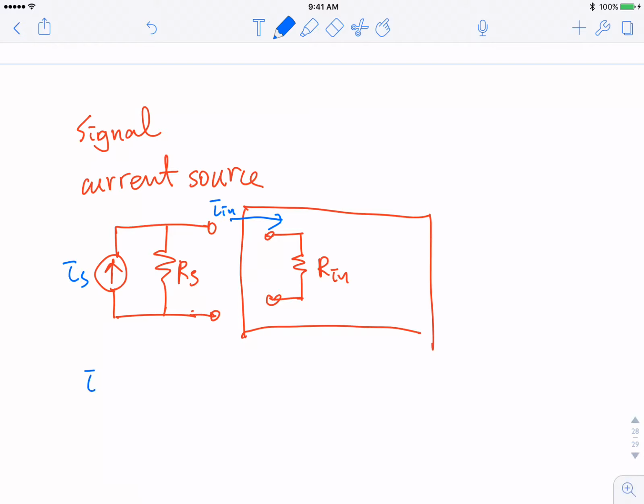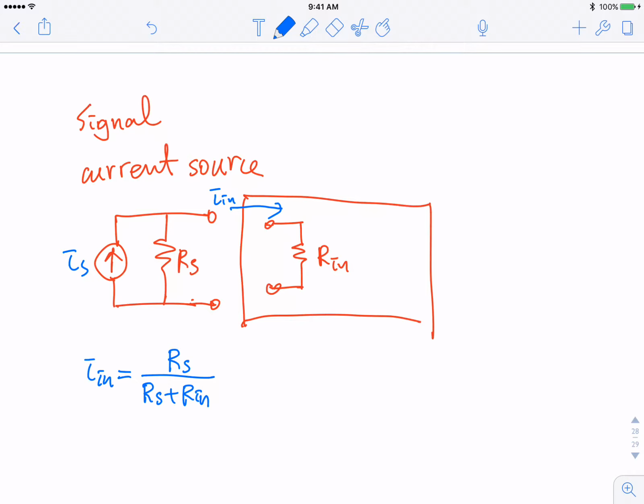So Iin is equal to basically the inverse resistor divider: Is times RS over RS plus Rin. So in this case, you want Rin to be as small as possible.